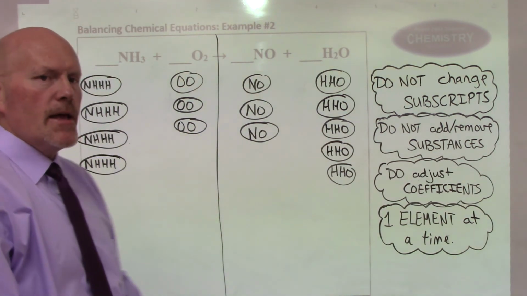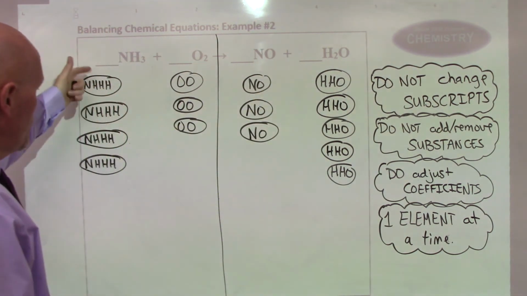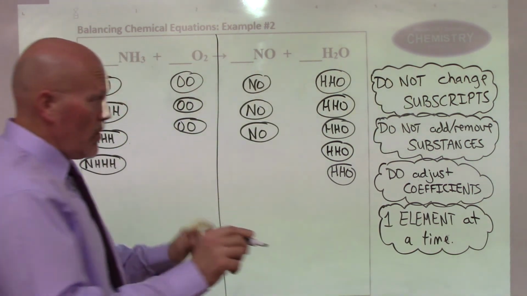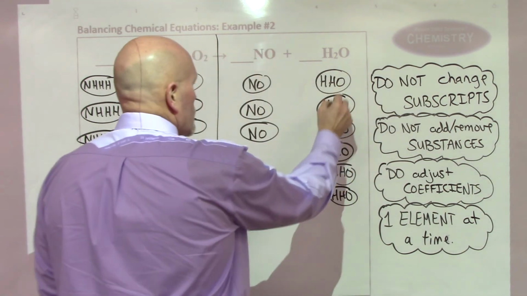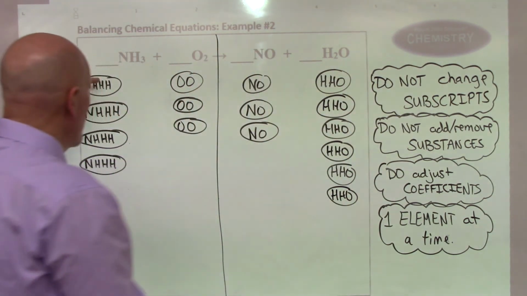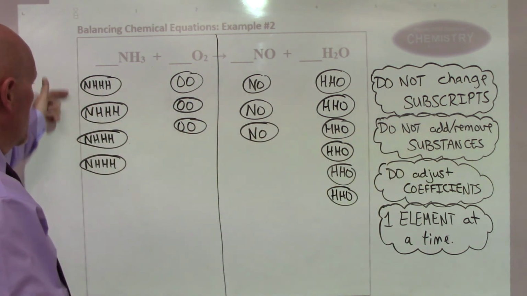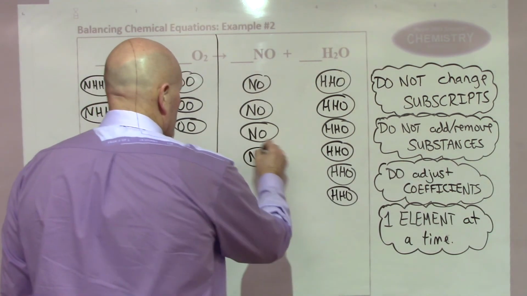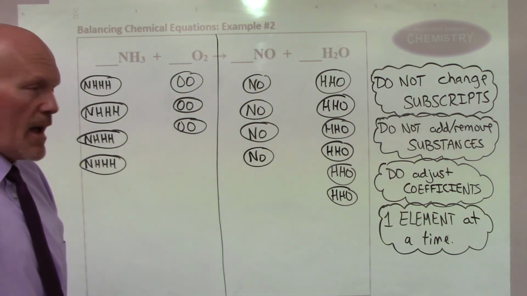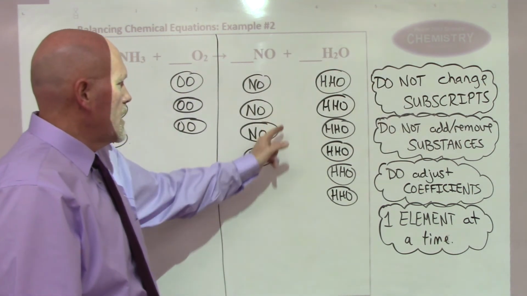But anyway, now we have 10 hydrogens on this side, 12 on this side. We're getting close. 2, 4, 6, 8, 10, 12, 3, 6, 9, 12. The hydrogen is balanced. Nitrogen, I'm 1 out. My nitrogen is balanced. Oxygen-wise, 6, 7, 8, 9, 10.